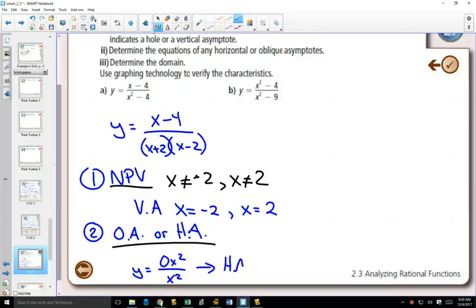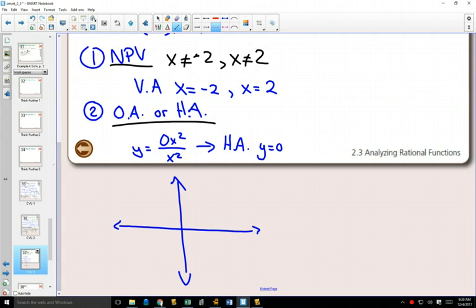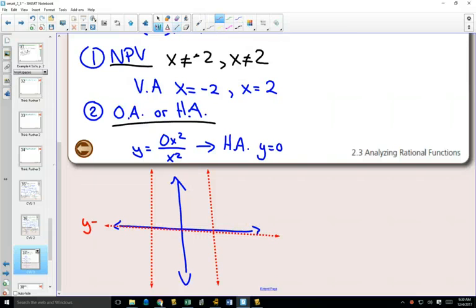That's going to be a horizontal asymptote at y equals 0. So we can draw things in. Y equals 0, x equals -2, and x equals 2.